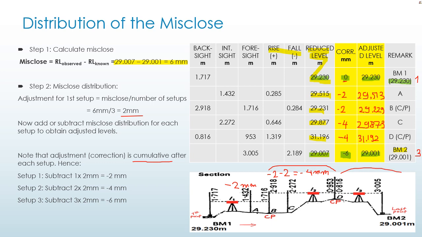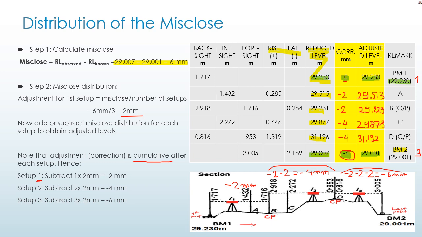So remember that you already add -2 from the previous setup over here, and now we add another -2 to the third setup here. So you have -6 millimeters correction. So exactly the misclose that you have for the benchmark 2. So that's why I give you the formulas here.